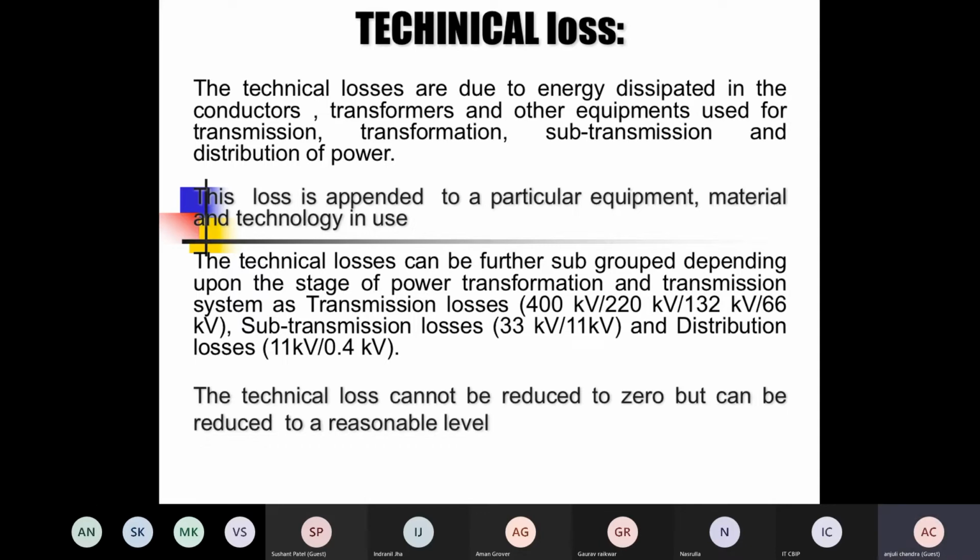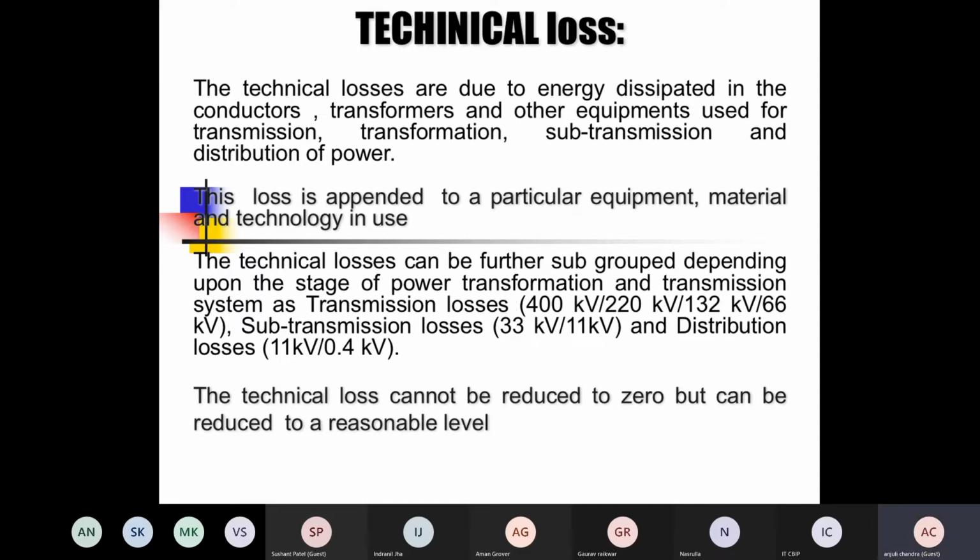Subtransmission losses are basically either 66 by 11 kV or 33 by 11 kV, depending on the voltages used in your system. And distribution losses are from 11 kV to 0.4 kV, and the LT feeders, the service cables and the meters. So these are distribution losses, 11 kV by 0.4 kV and below.